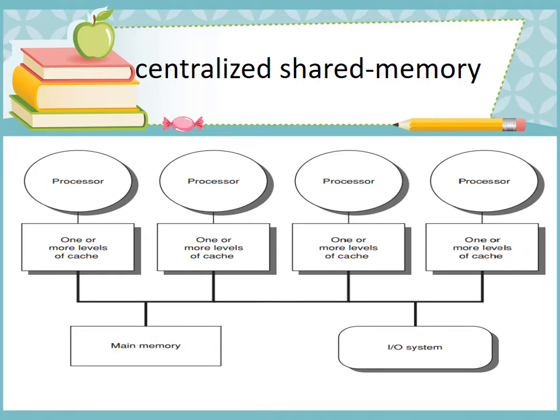Now let's see the centralized shared memory. In centralized shared memory we have different processors, and below them one or more levels of cache. We have cache because it stores temporarily fetched data, so that we can retrieve the data easily from that memory.